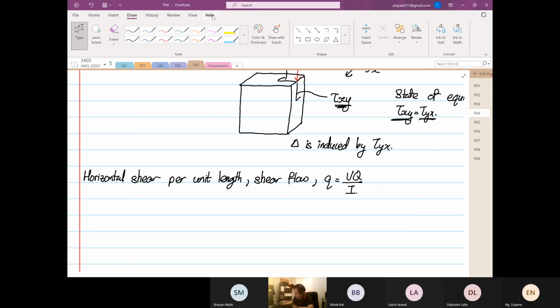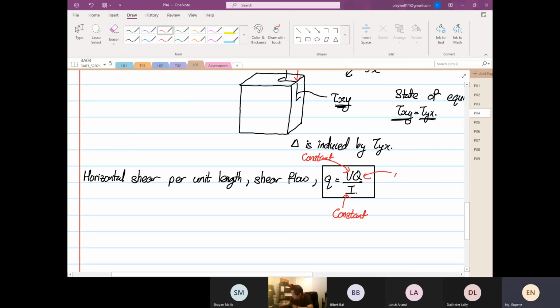I'll highlight this. The first thing I want you all to remember, this is important: I is a constant. V is also a constant. Q is the variable. I'll define what they are.